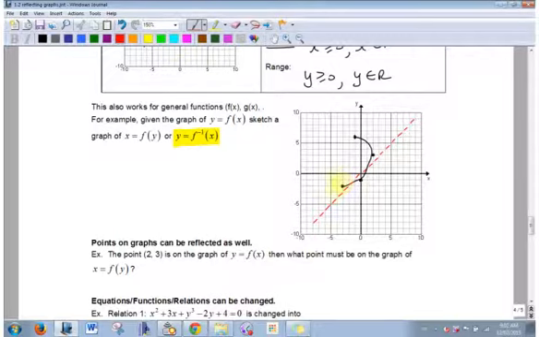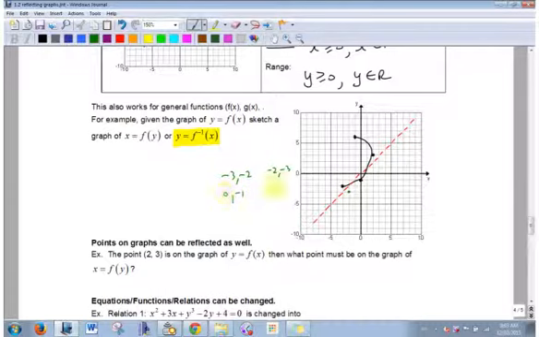Let's look at this point here. That was -3 and -2. If I flip those places, I get -2, -3. Does that look like it reflected over that line? Sure does. This point was 0, -1.